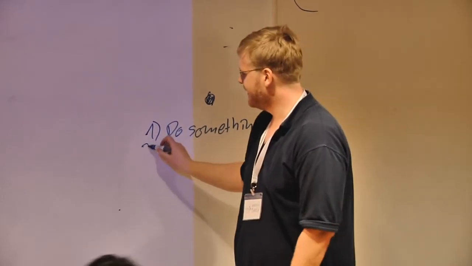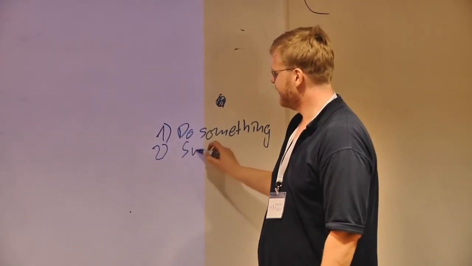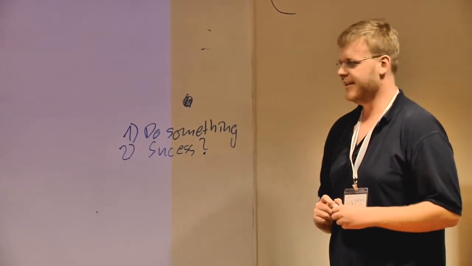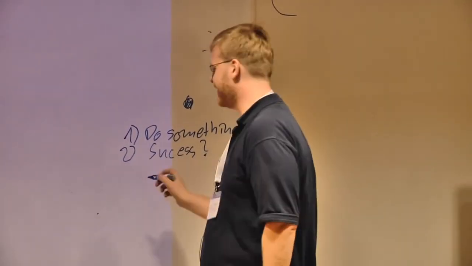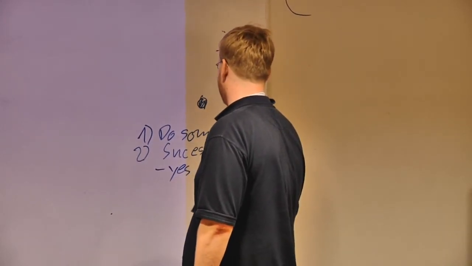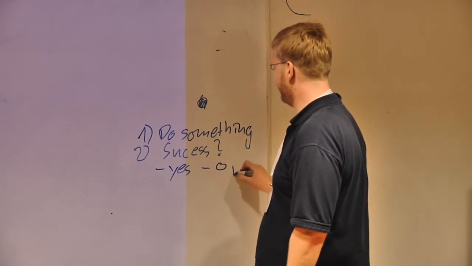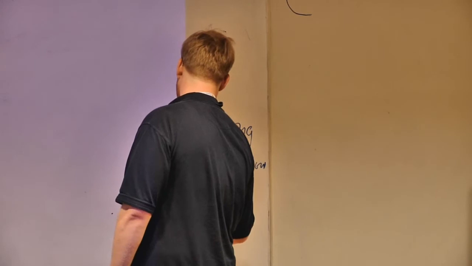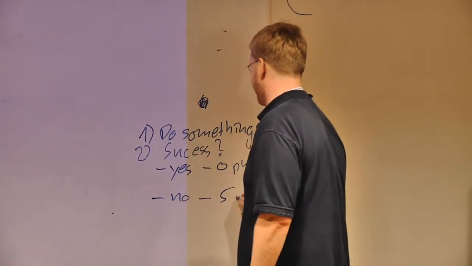Then the second step is success. So you ask, did I get something? And the only experimental data you have is yes, you get zero light, so zero photons, say. And if you have no, you get, say, five photons.